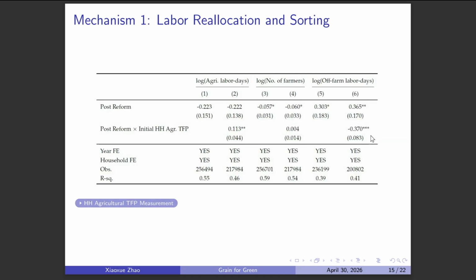And more importantly, this reallocation of labor from agriculture to non-agriculture after the reform is particularly stronger among households with lower initial agricultural productivity. This strongly supports the labor sorting effects of the program and suggests that the program should have an important effect in increasing the average farming ability of households that stay in agriculture.